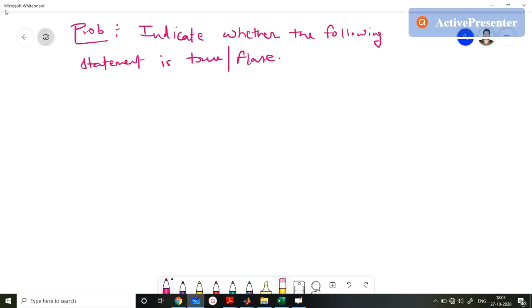Give reason, also we can give the reason for our answer. It is also a previous year GATE question.